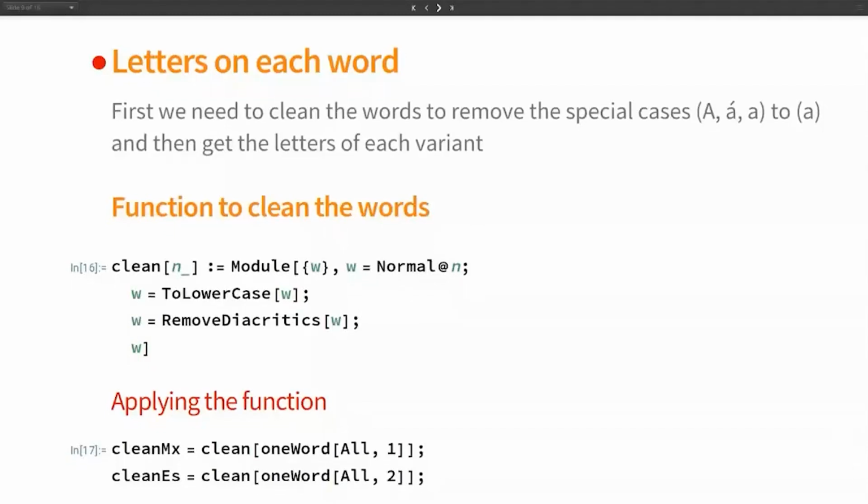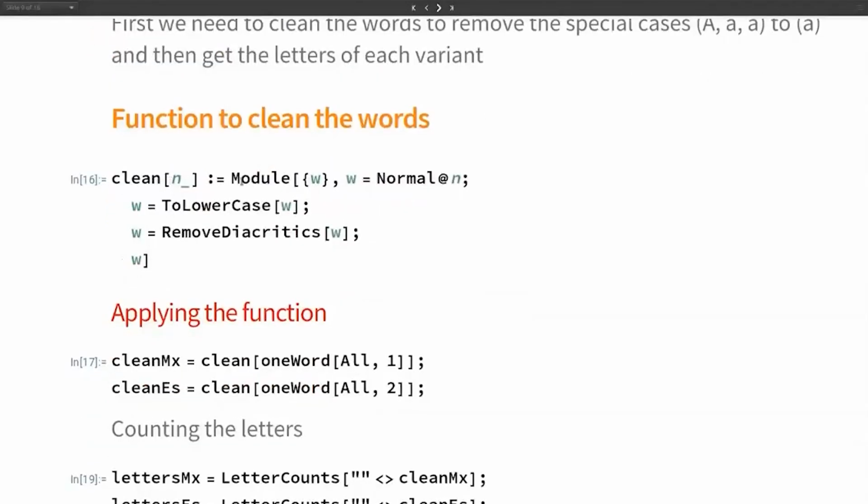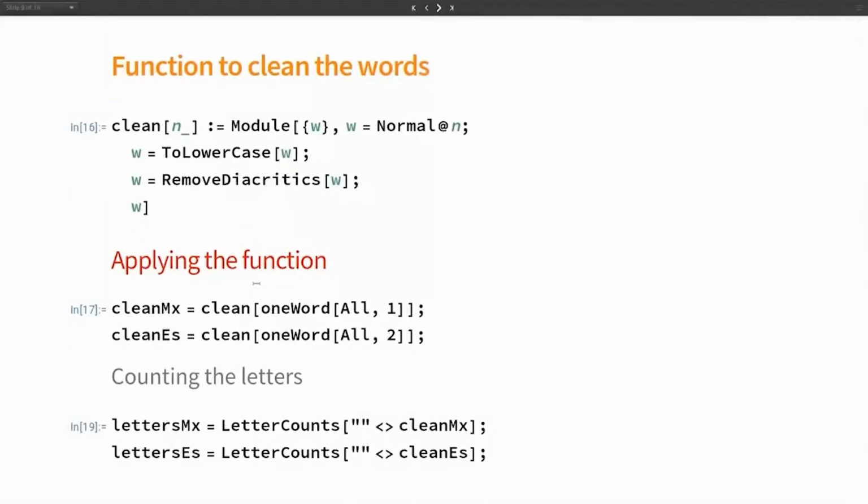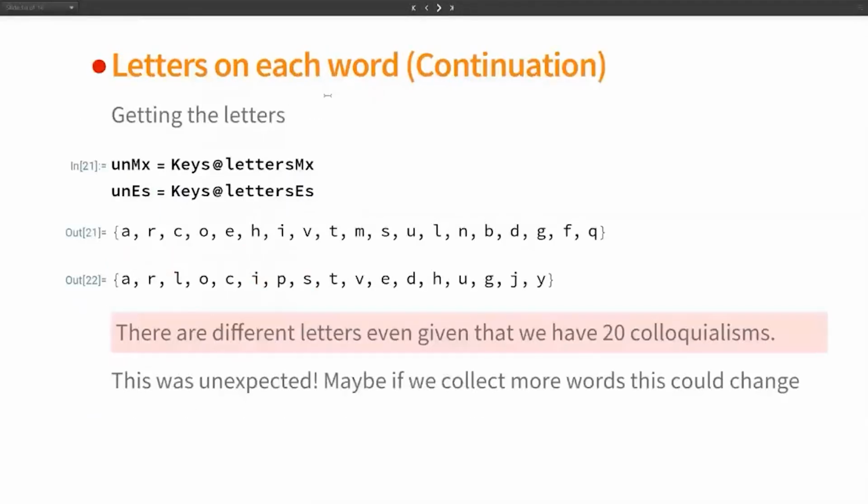This was done with the function clean that lowercases the word and then removes the diacritics. Here we are applying the function, counting the letters, and we can see that there are different letters, even given that we have around 20 colloquialisms.